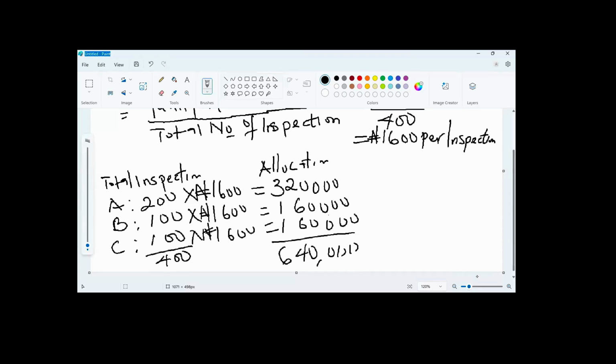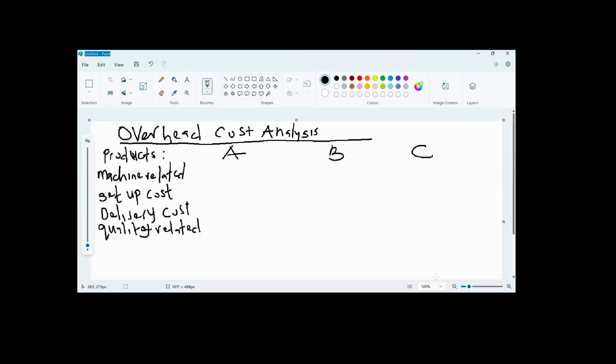I'll go back. For quality, this is 320, total allocated to A. This is 160, total allocated to B. And this is 160, total allocated to C.